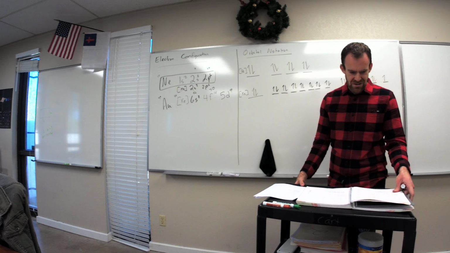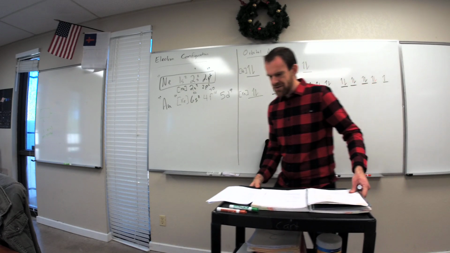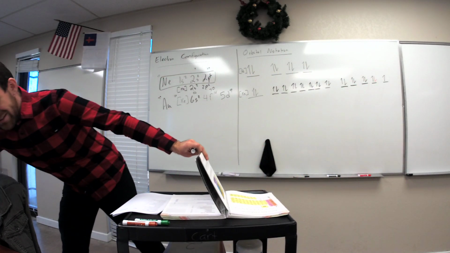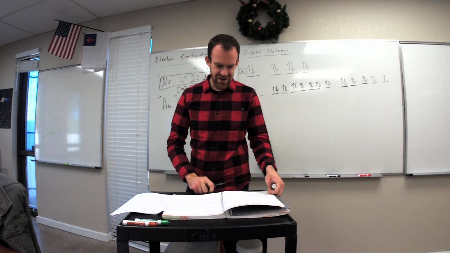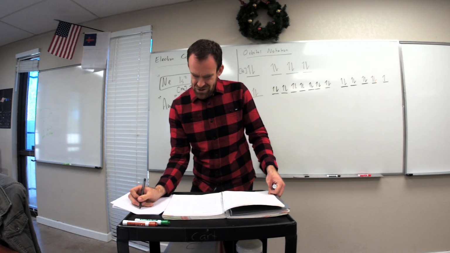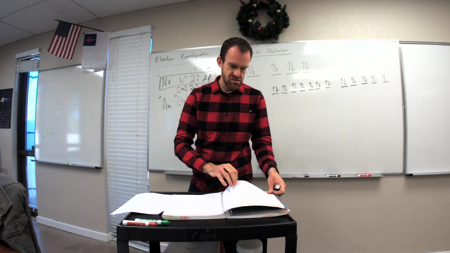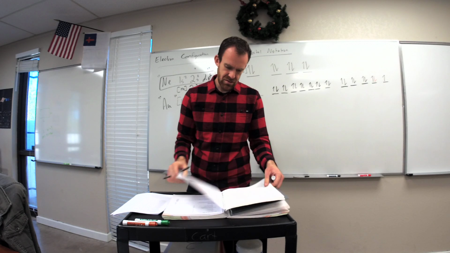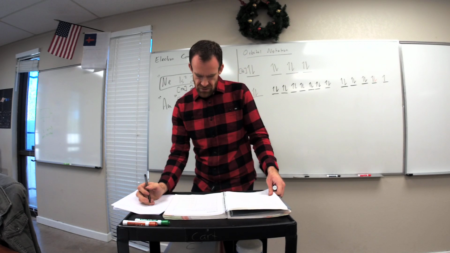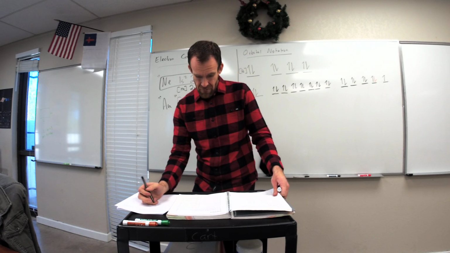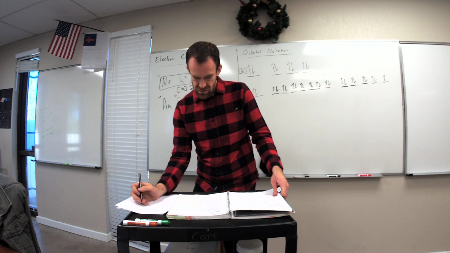So chemical reactions is chapter 19, or 9. 19. If we get there. Electron configuration is chapter 6. 4. I don't buy that.